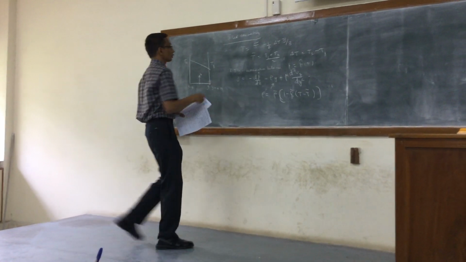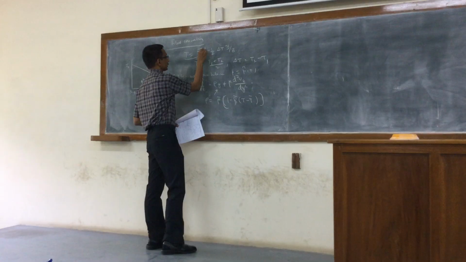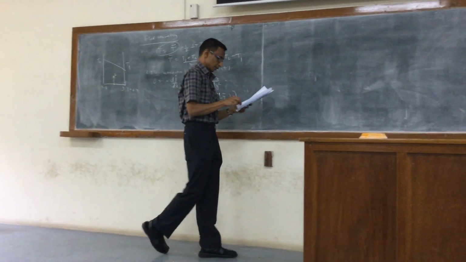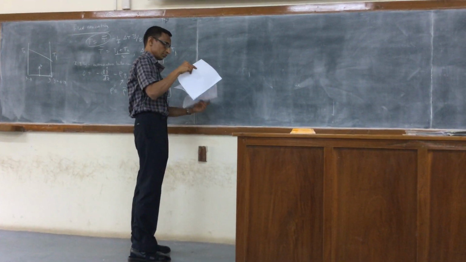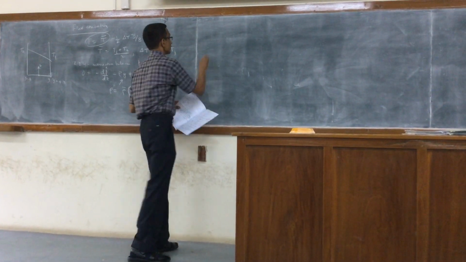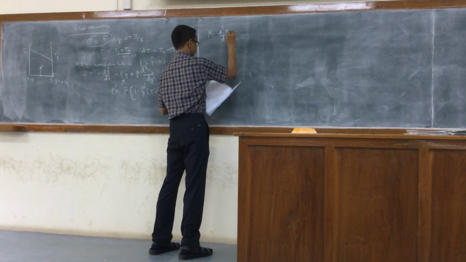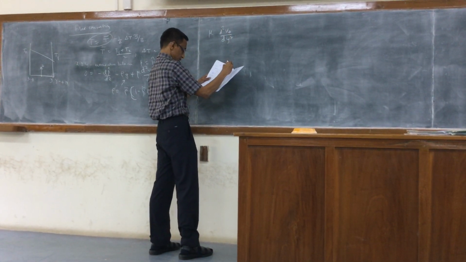And then what we have to do is to substitute for T minus T bar from this, and then the final differential equation can be rearranged as this. This is all done yesterday, so I'm just recalling what we did.